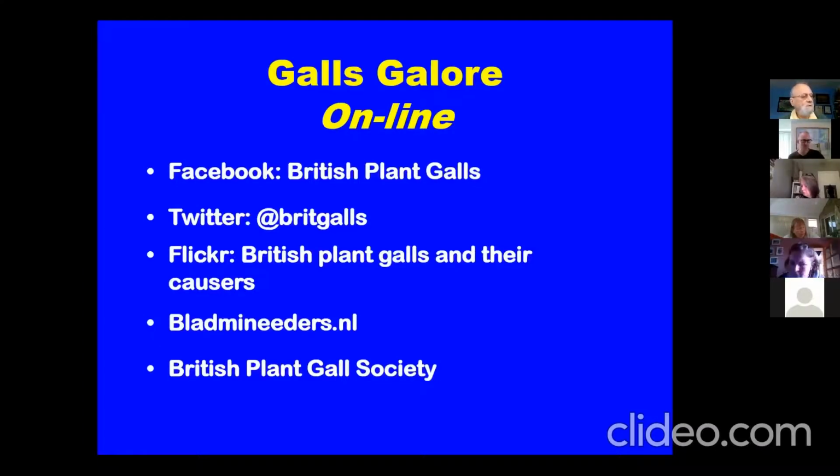Just one or two more sort of trivia things about galls while you're looking at those, and if you want to make a note of them. May the 29th was the birthday of Charles II, and it used to be known as Oak Apple Day, to mark the return of Charles II to the throne, the restoration of the monarchy.